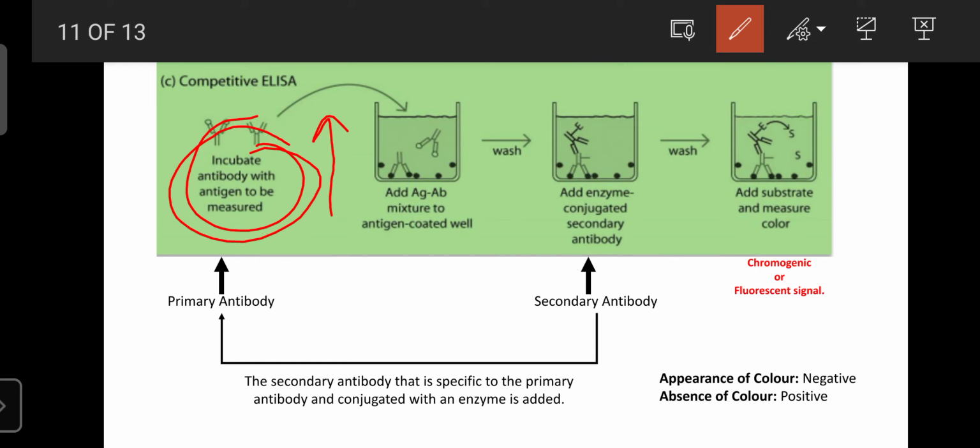Before pouring the sample, the well is coated with our antigens.